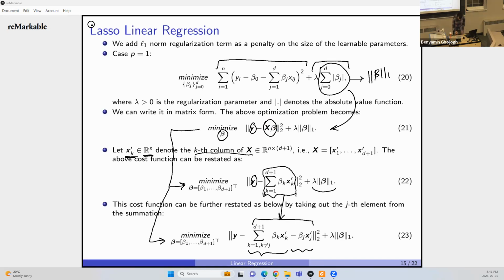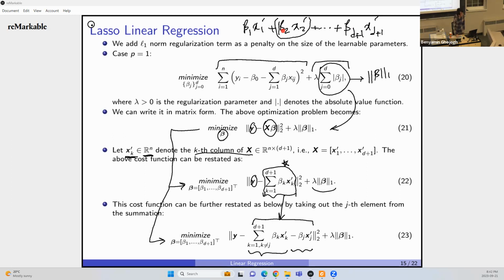Do you agree? For example, let's write this down like this: beta 1 x1 prime plus beta 2 x2 prime until beta d plus 1 xd plus 1 prime. Do you agree? I'm assuming j is 2 here.